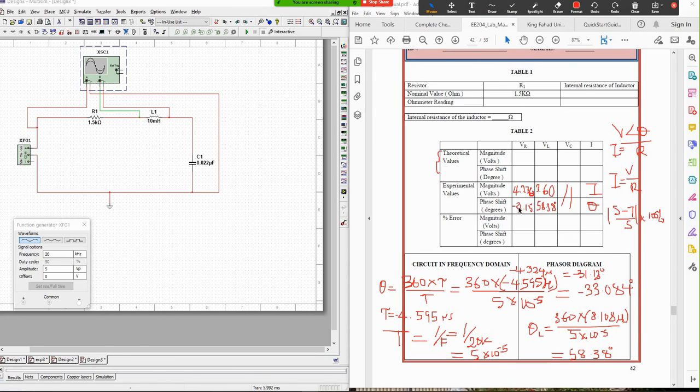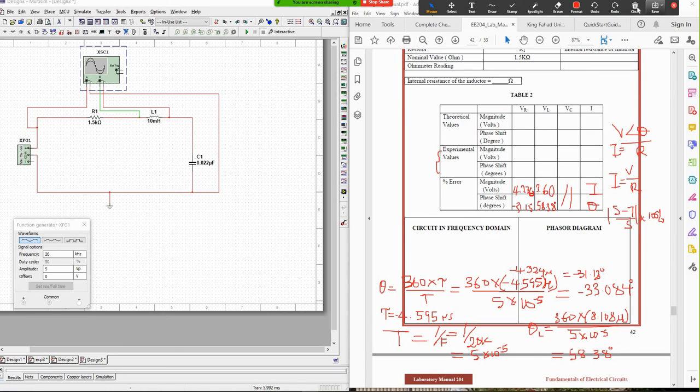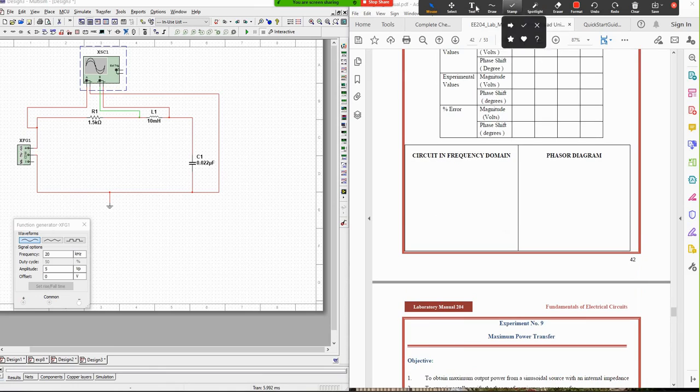After this, the next thing to do, let's clear this. You need to draw the circuit in the frequency domain. As we have it, you have the capacitor here, and your source as given here, but now in complex value.